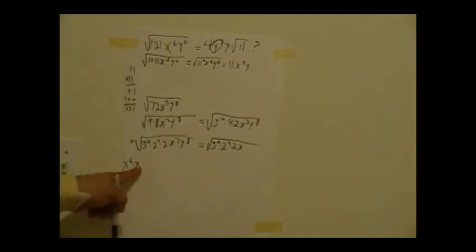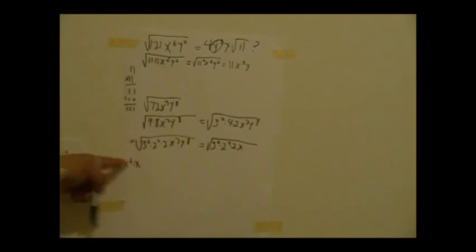In other words, we can rewrite it as an even power that's 1 less than the odd number, because what's 1 less than 7? 6. So we write it as an even power that's 1 less than the odd power times the base of the exponent itself. In this case, x to the 6th times x.